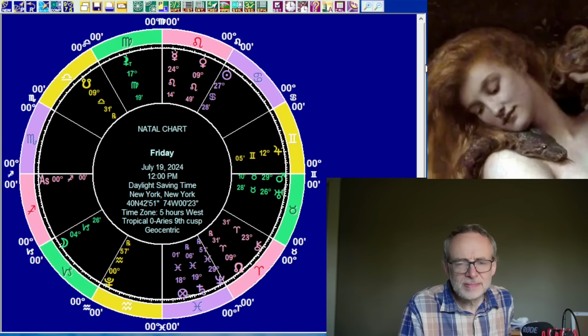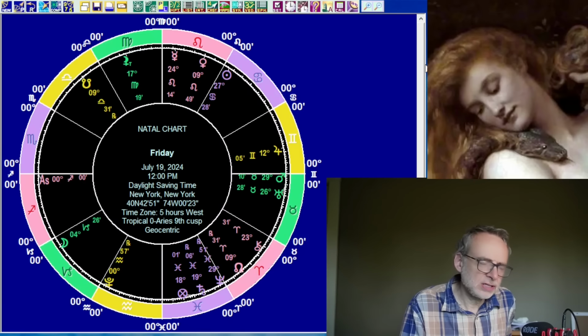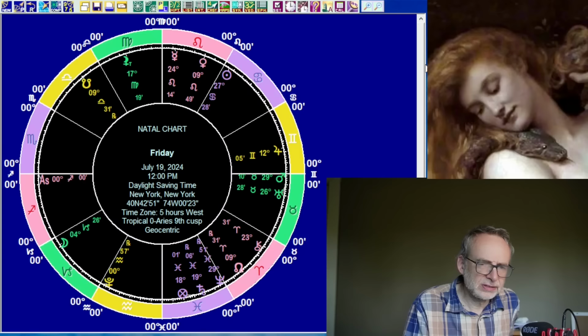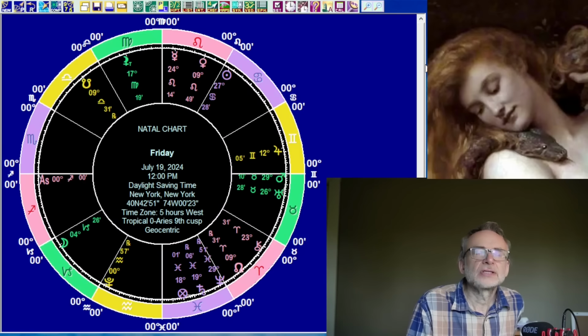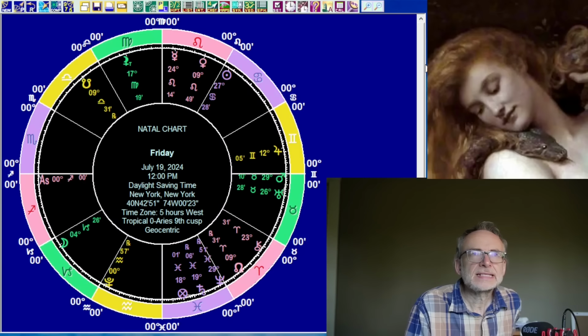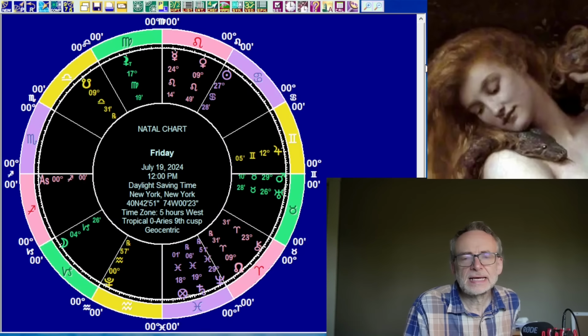Now, there is a bit of a mitigation on this in the fact that Jupiter is in Gemini. Jupiter is a masculine planet. It's in a masculine sign, and Jupiter is a planet that rules the hours of daylight.